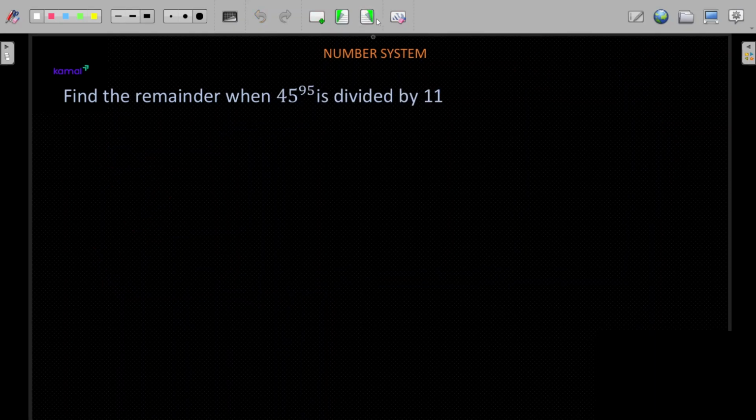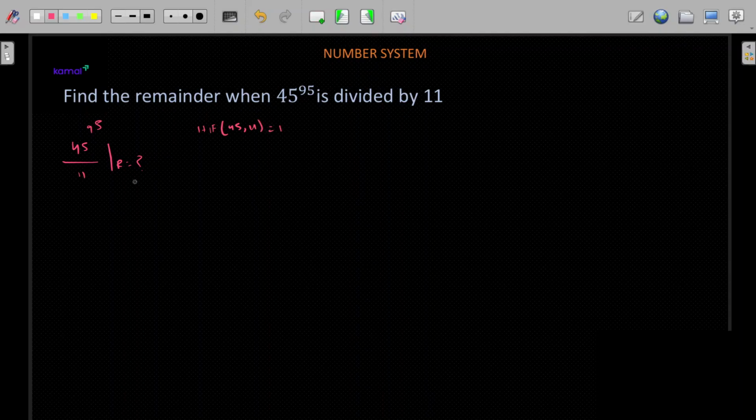So we have to find the remainder when 45 power 95 is divided by 11. So we have 45 power 95, and if I divide this number by 11, what will be my remainder? I can say 45 and 11 are co-prime because the highest common factor of 45 and 11 is 1.